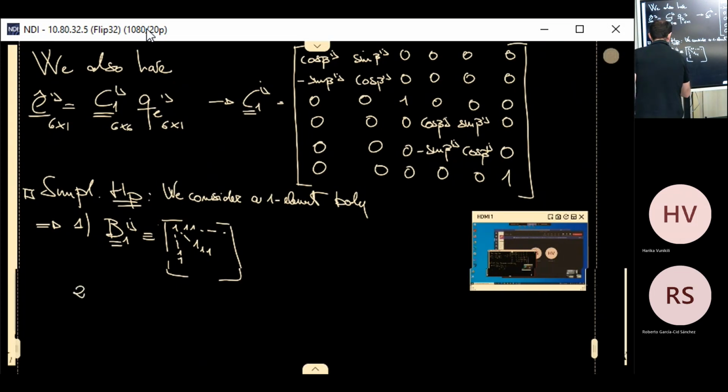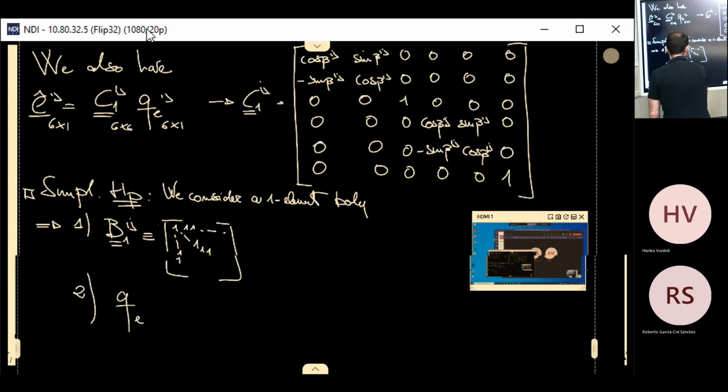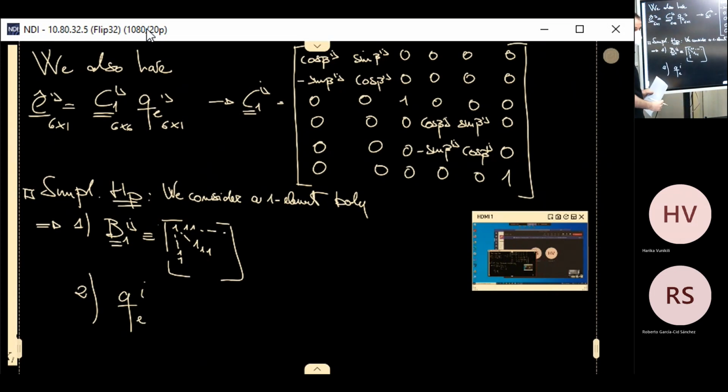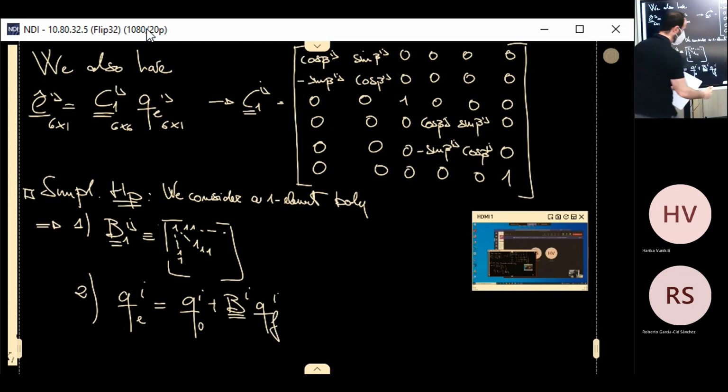The second consequence is that when you express the element coordinates, we typically did it with a reference coordinate plus B applied over phi, where this B was the reference matrix, enforcing the reference conditions to block the body frame, if you remember.